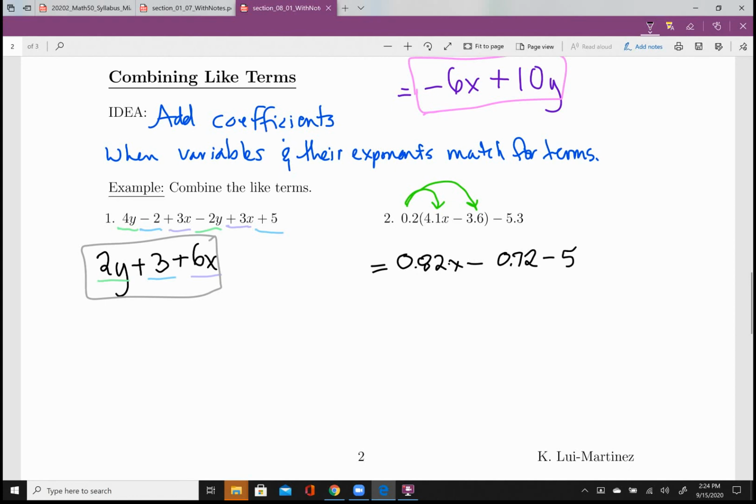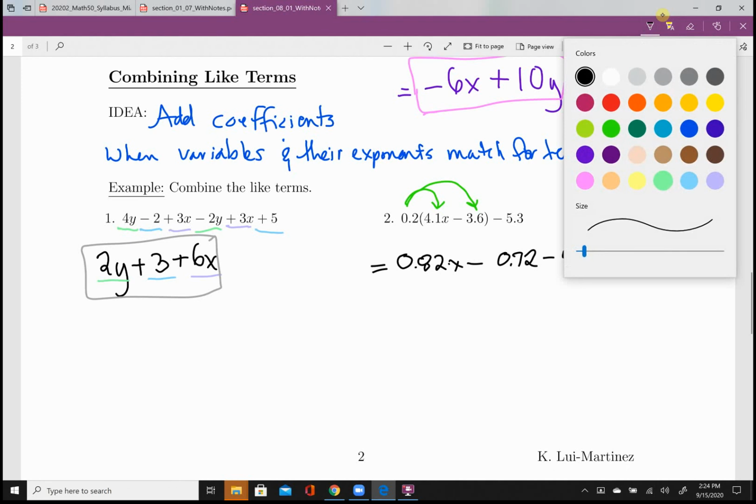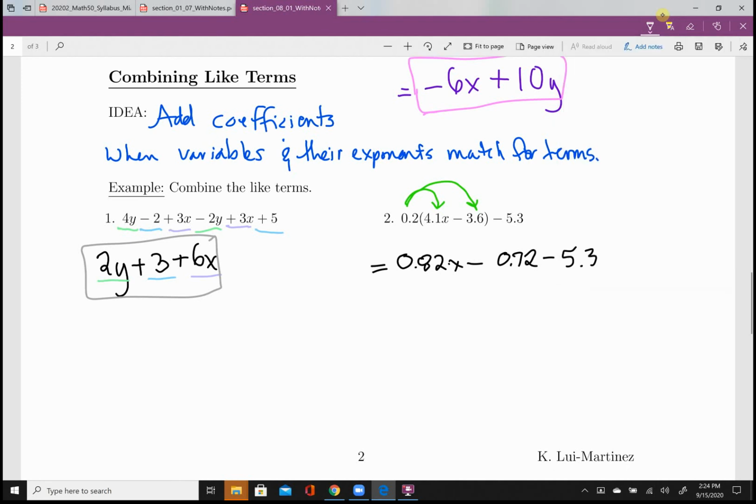minus 5.3. Okay. So at this point, you might notice that we have some like terms. I'll put them in this peach color, this term and this term. So you can go ahead and combine them, taking into account their signage, okay? They're both negative terms, so you should have a larger negative final answer, okay? And this x term in the front here, it doesn't have any other x terms to combine with, so it's just going to come along for the ride, okay?